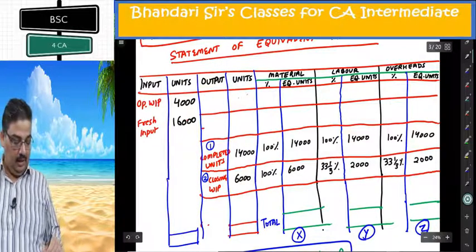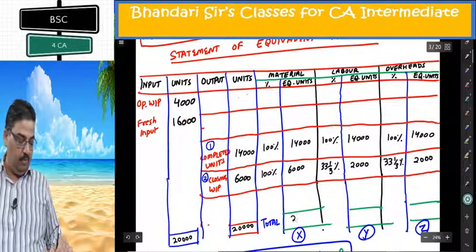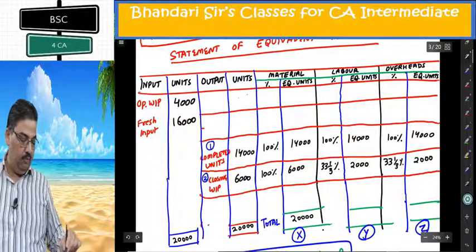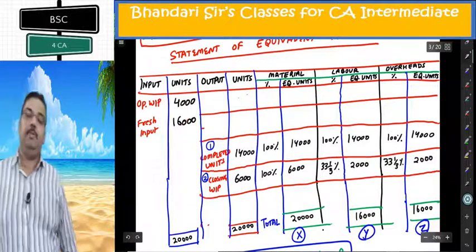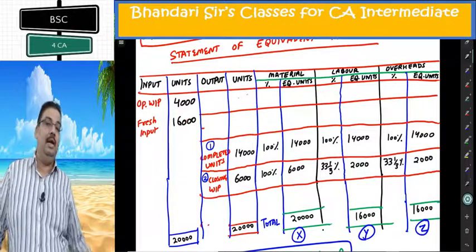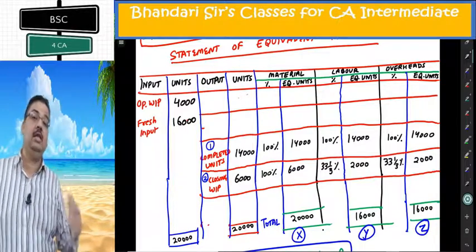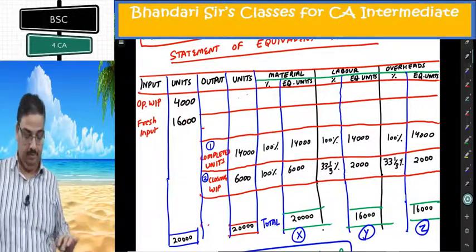So what I am getting there? Input total 20,000, output total 20,000. With regard to material 20,000, with regard to labor 16,000, with regard to overhead 16,000. The first statement is ready. You can't get easier question than this. This is the easiest possible question given there.